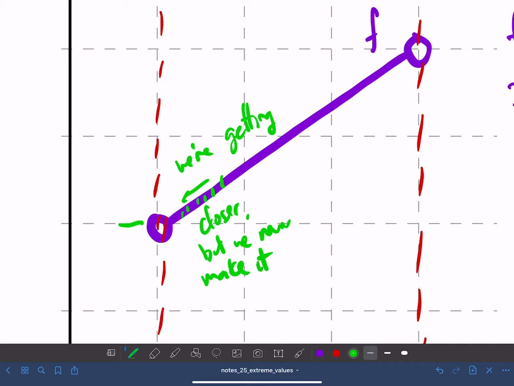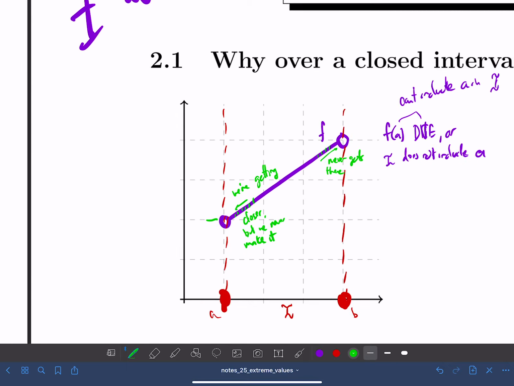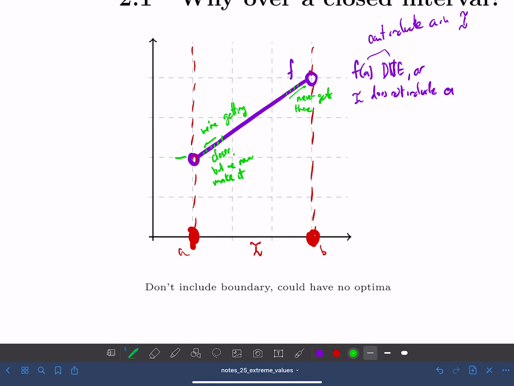Sure, the limit exists in this case, but the function doesn't actually take on that value. And the same thing going this way. We're getting closer and closer, but it never gets there. So we have to fill in those dots.